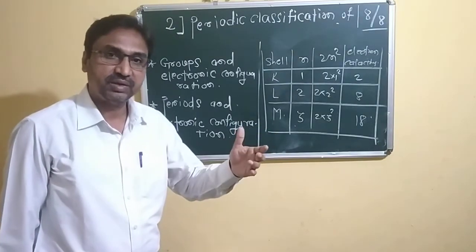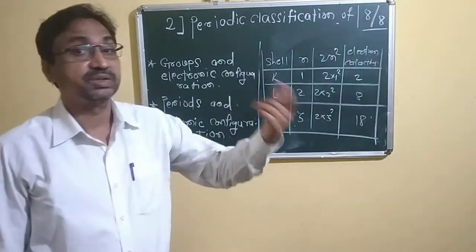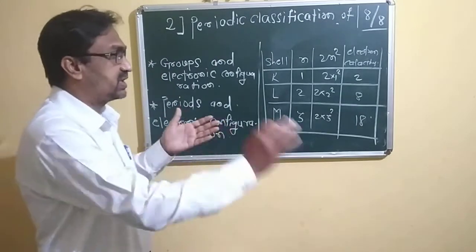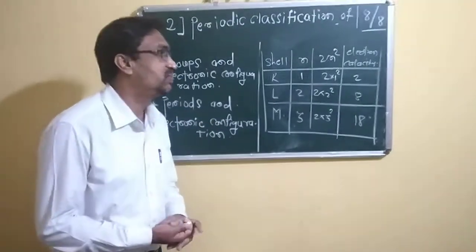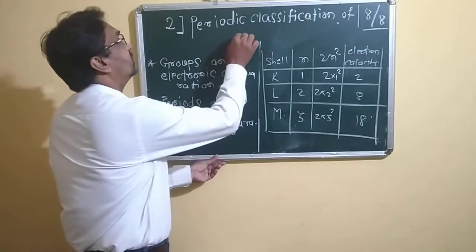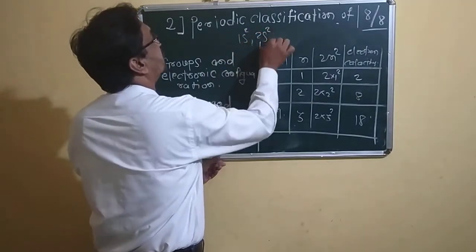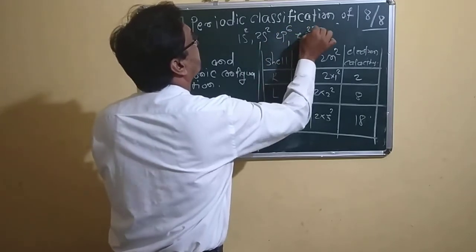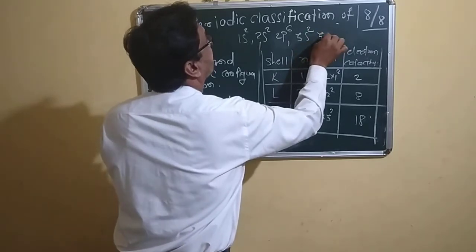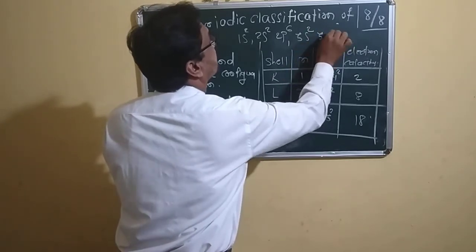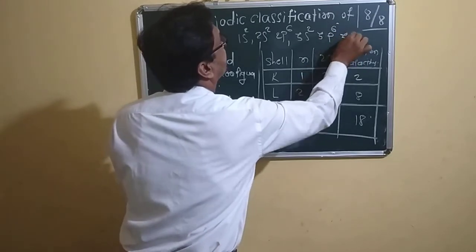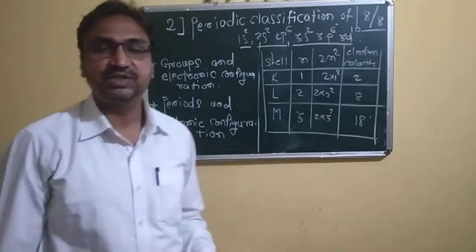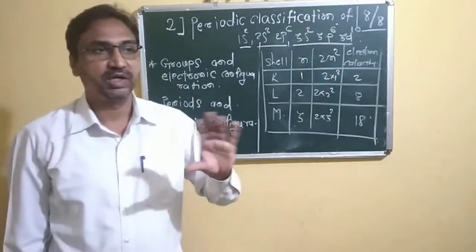We will discuss those things in the next standard, that is 11th standard, how we describe the electronic configuration of every element, written as 1s2, 2s2, 2p6, okay, 3s2, 3p6, 3d10. These things we can easily see on the internet or in the 11th standard chemistry book.